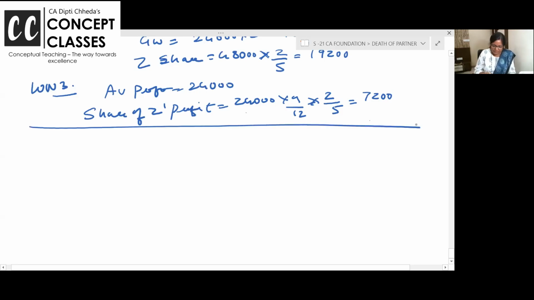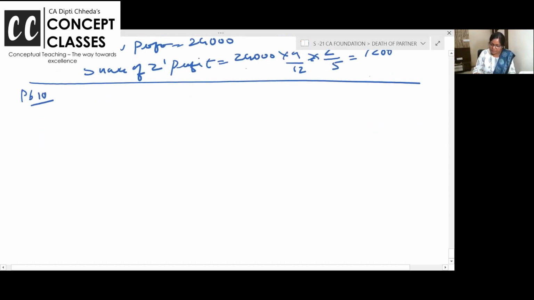Problem number 10. Start with your main answer. A's executors account. You can first calculate in A's account and then transfer to his executor's account. I think that would be better. पहले हम A's capital account बनाएंगे.